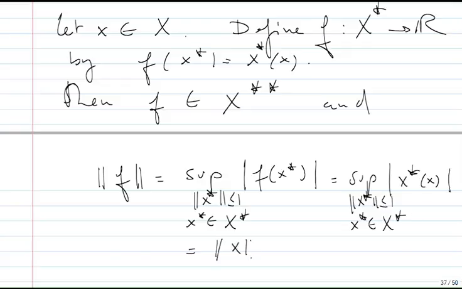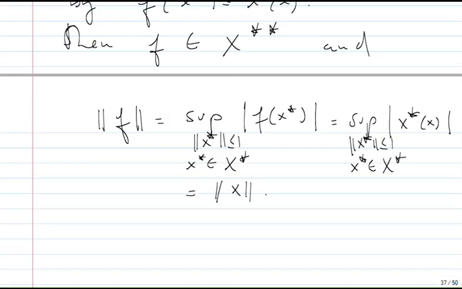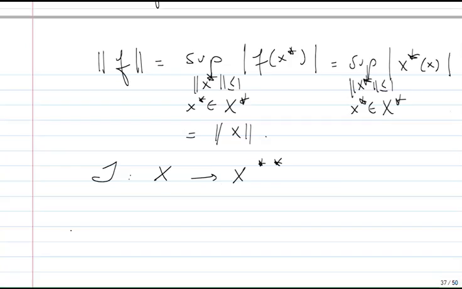So what happened here is that we have some kind of isometry between x and the bidual of x. So the way we just defined it, we can see this is a natural embedding, which is isometric, and is an isometry.